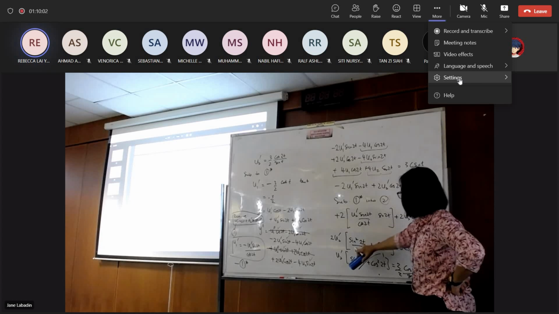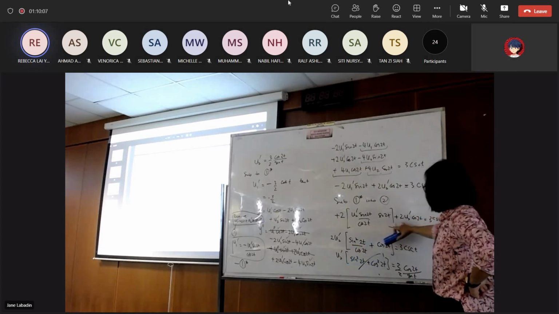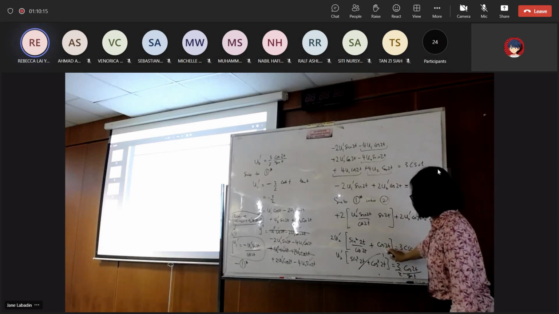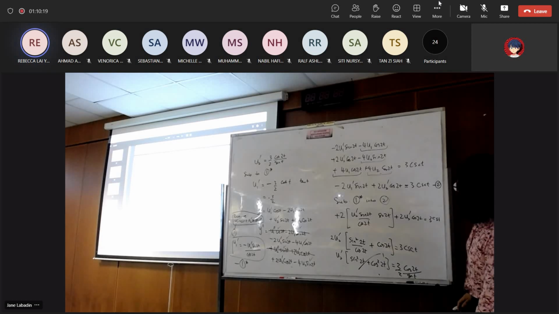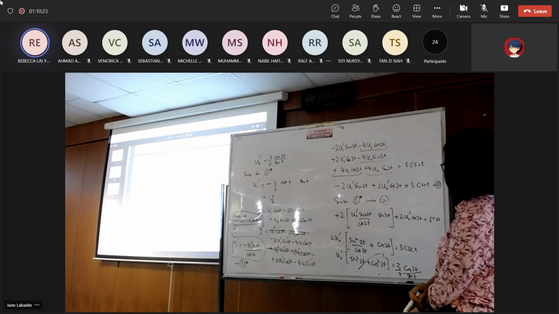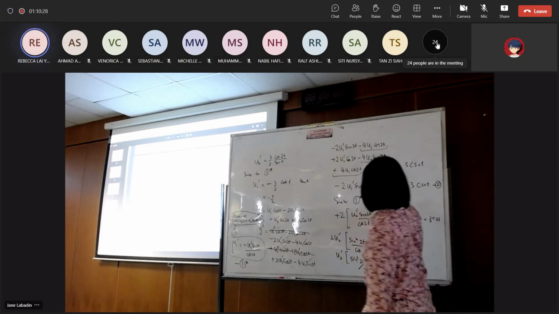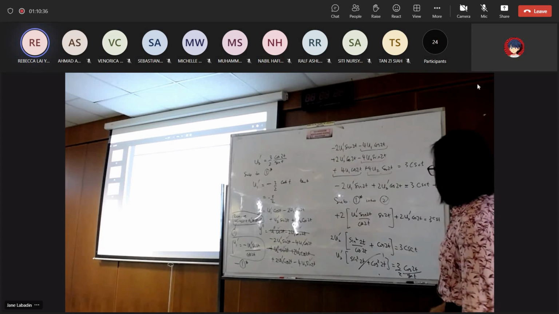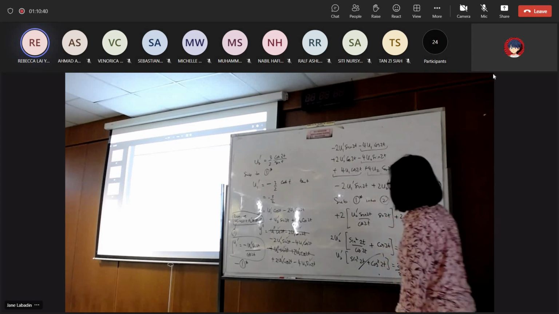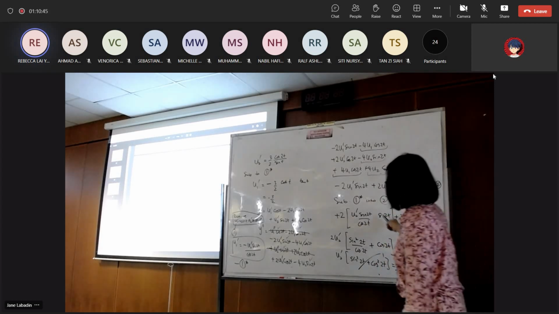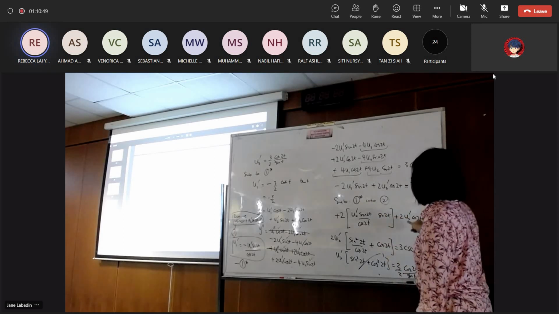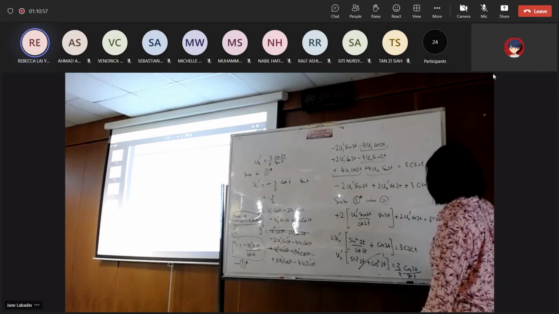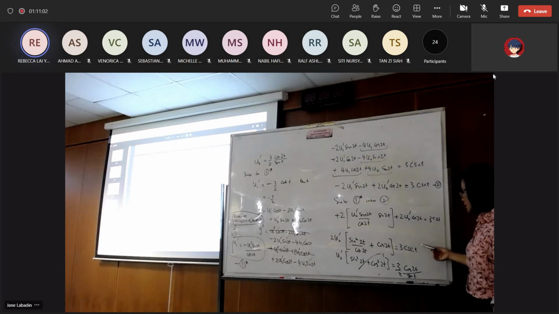Sine square, right? And then cos over cos, cos square. Substitute that into this. Negative, negative, and positive. Negative, negative, positive. Okay, so cosecant is 1 over sine, right?